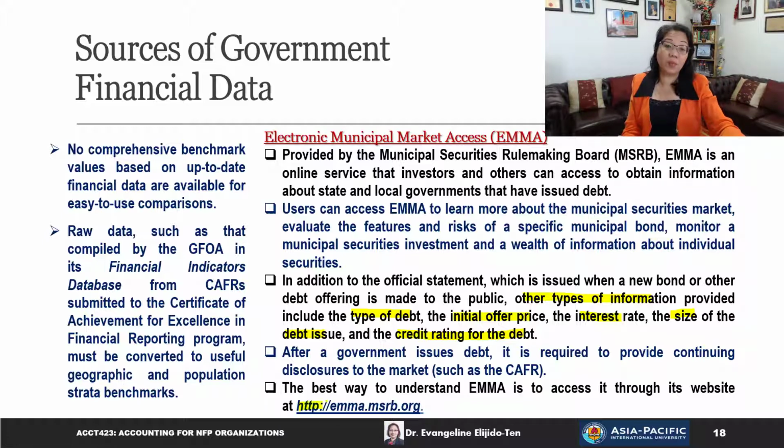And when you have time, I'd encourage you to have a look at this website, because there is really a whole wealth of information that interested users will be able to get, insofar as government bond issues are concerned.